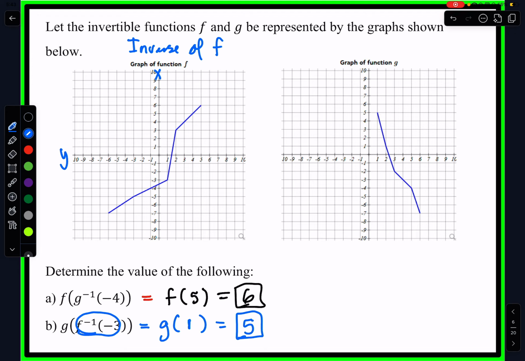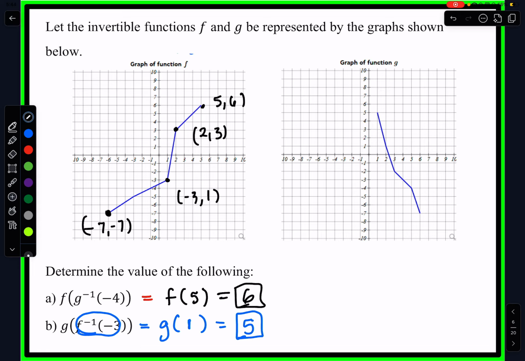Now, of course, if you're struggling by using this technique, then by all means, switch again your x and y values. Identify what your points are here. So right here, this is -7, -7. This is -3, 1, 2, 3, and 5, 6.